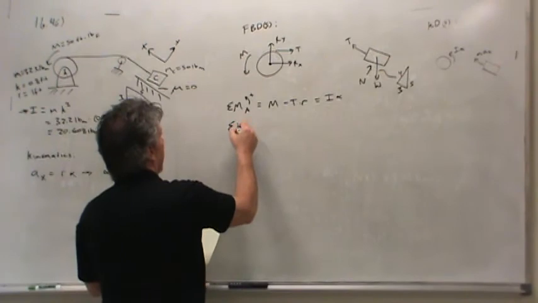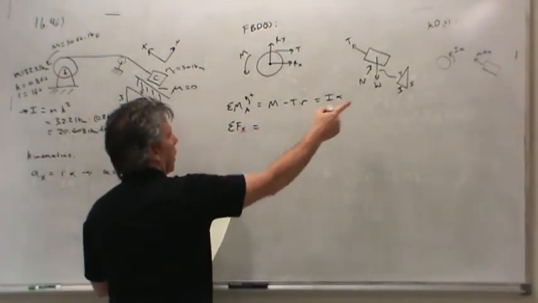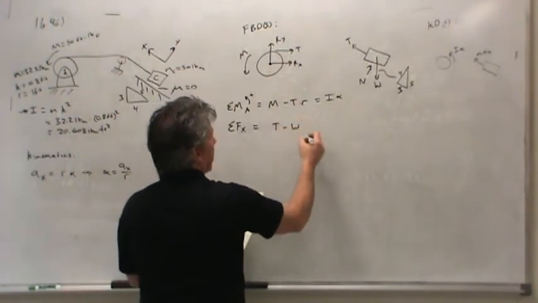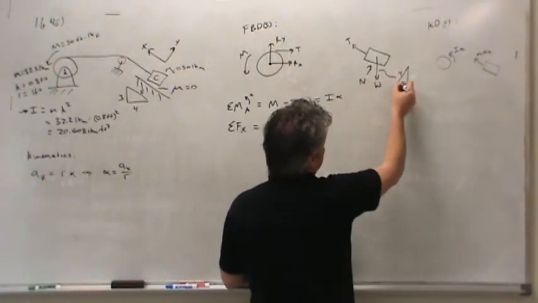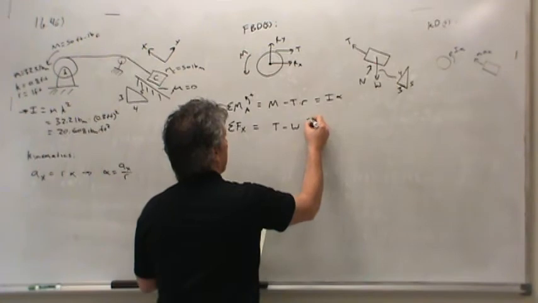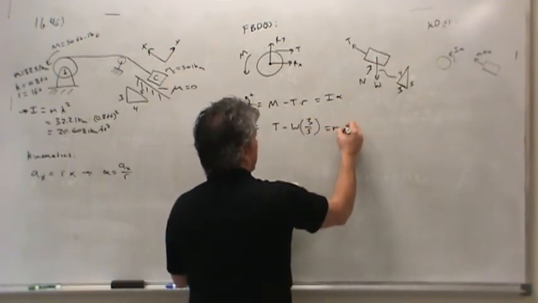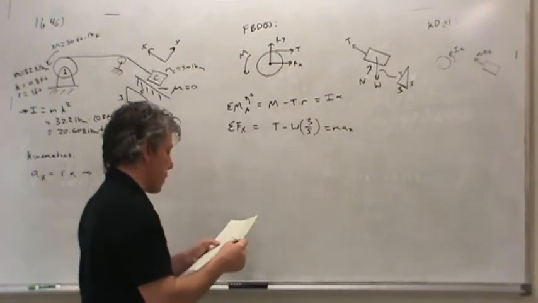And if I sum forces in the x direction on the block, let's see, T is acting up the incline, the weight is acting down, but it's not all of the weight, right? It's this component, it's 3/5 of the weight. And that's equal to the mass times the acceleration of the block in the x direction.